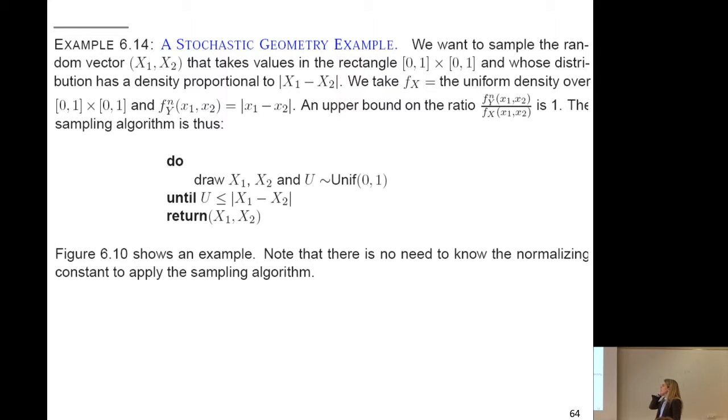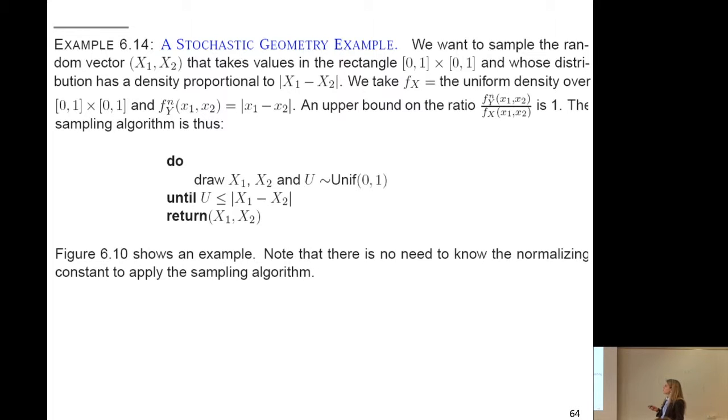And then f of y is equal to the absolute value of x1 minus x2. This is the part of the distribution of y that we know. The density of y is proportional to x1 minus x2, and the density of x, according to the theorem, is uniform in the unit square. Now x and y are vectors.